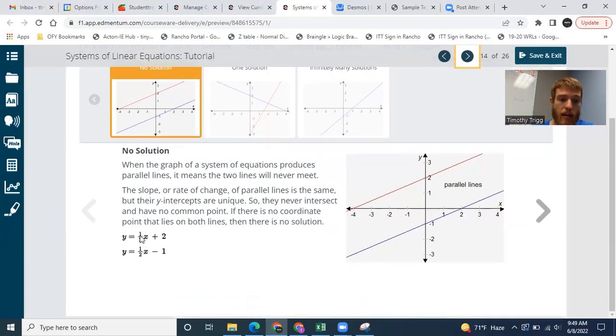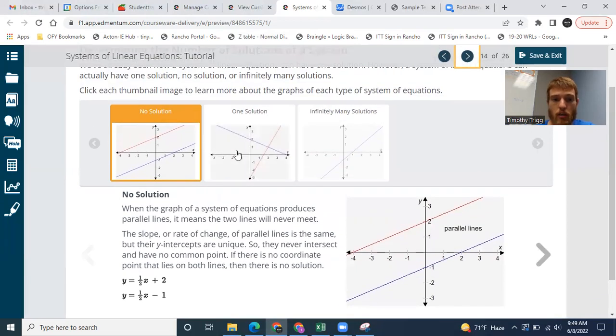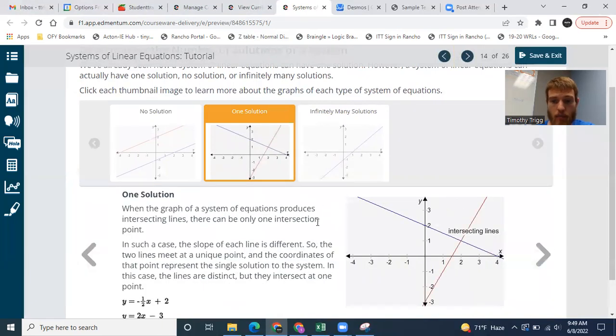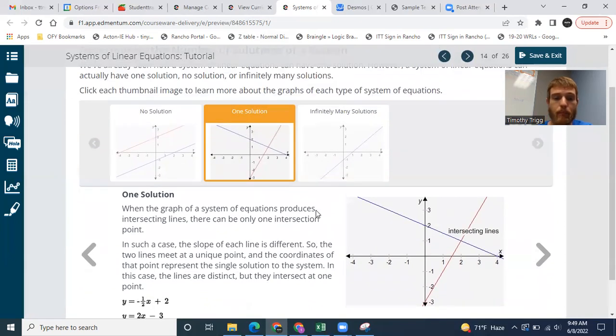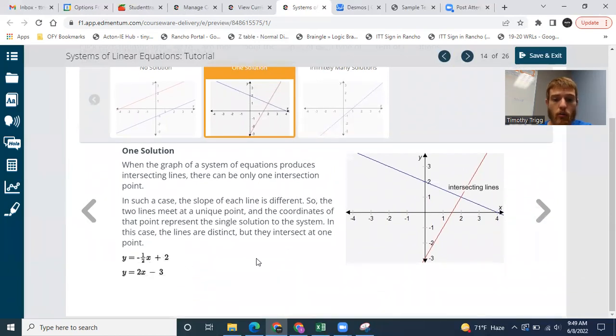So if they have parallel lines, in other words, the two equations have the same slope, then they will have no solution, no intersection. Most of the time, though, we'll have one solution. So that's where the two lines cross. The intersecting point is the solution to the equation. Here we can see these two lines graphed here, and they intersect at 2, 1 in this case.